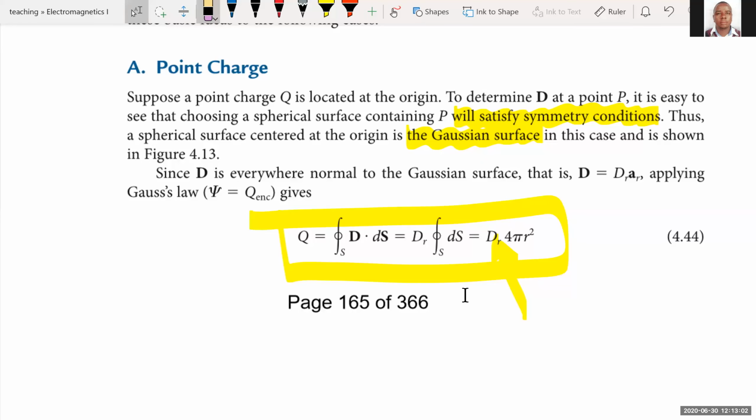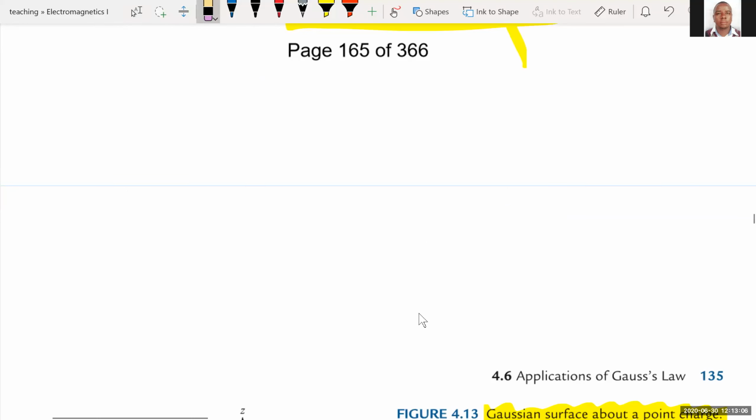So again, as I already mentioned, the first question is to choose the kind of symmetry you want to work with. We are saying that we have a point charge, Q.